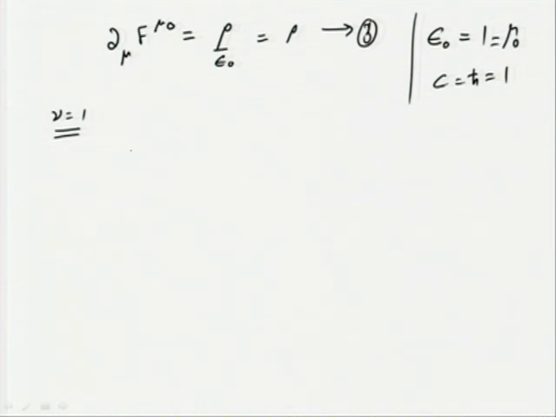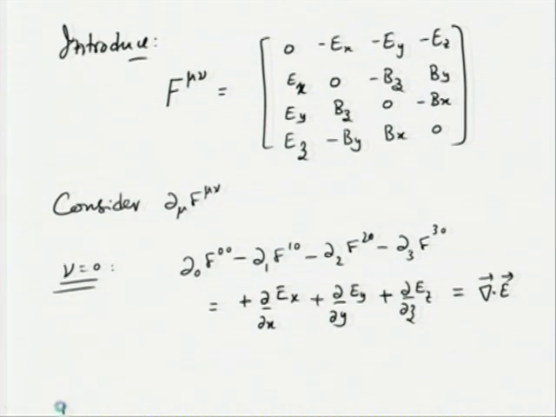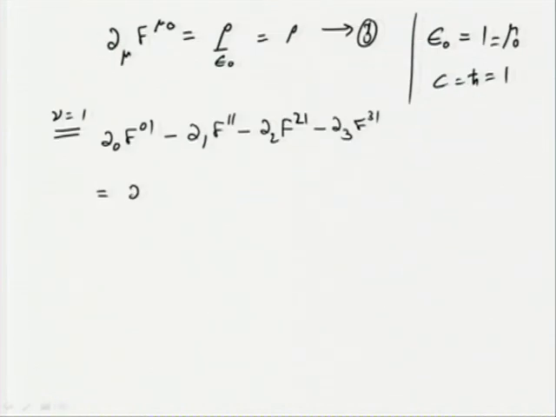When ν equal to 1, we have ∂_0 F^{01} minus ∂_1 F^{11} minus ∂_2 F^{21} minus ∂_3 F^{31}. This is equal to ∂_0 F^{01}, and F^{01} is minus E_x, with ∂_0 being ∂/∂t, so minus ∂E_x/∂t. F^{11} is 0.